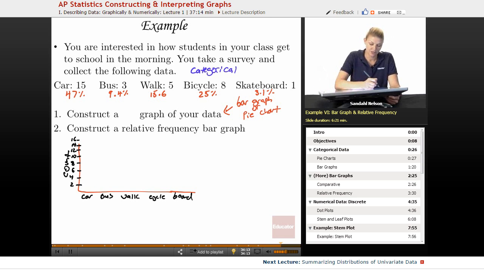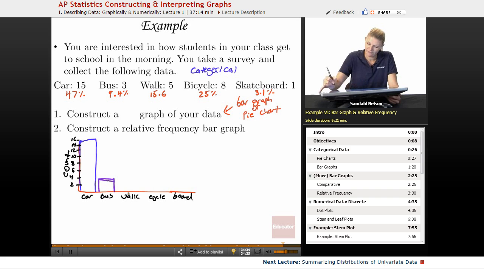Now we're going to make our chart. Okay, so we know that car is 15. We know that bus is 3. And remember that I have to make sure that my bars do not touch. You also want to make sure that the widths are about the same. That's also important.